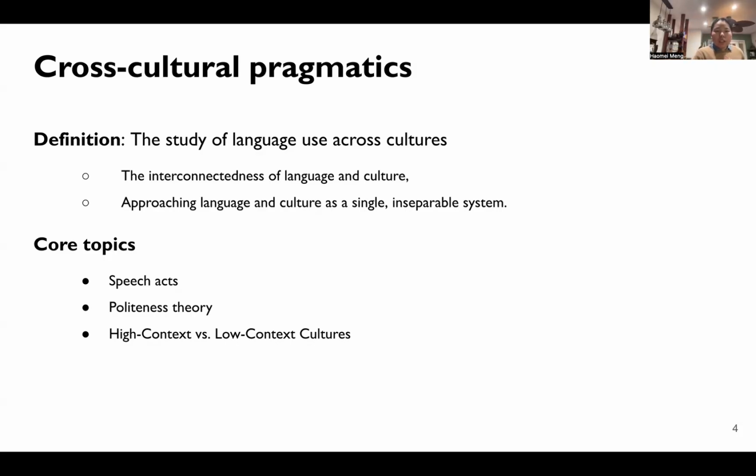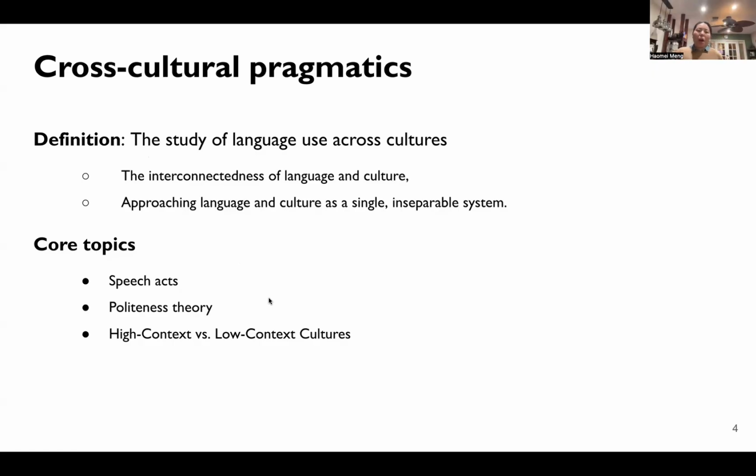This cross-cultural pragmatics approaches language and the culture as a holistic, single, and inseparable system. If we only focus on the pure language use without considering the cultural element, we may not accurately or correctly grasp the true intention of the language speakers.